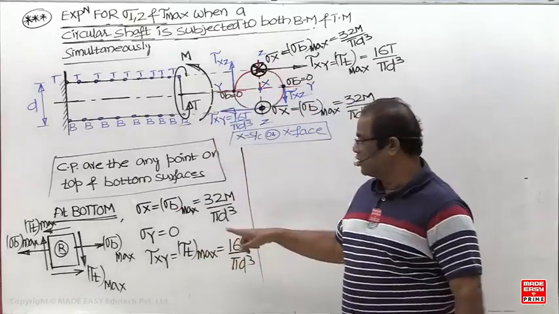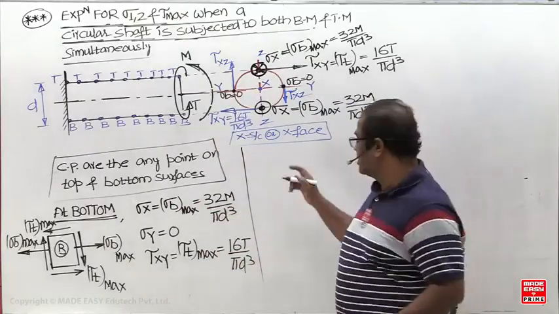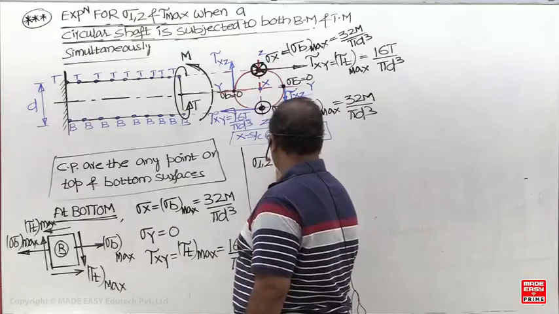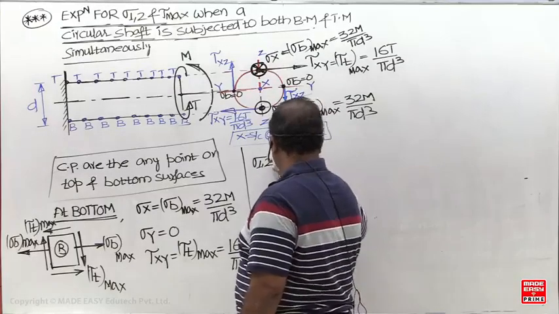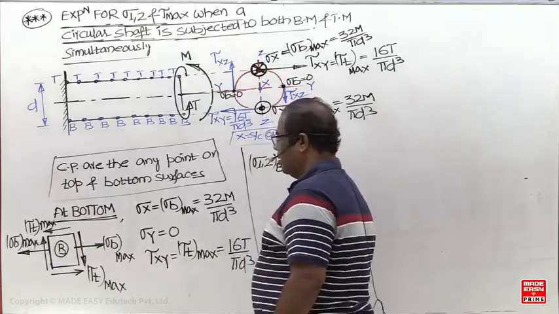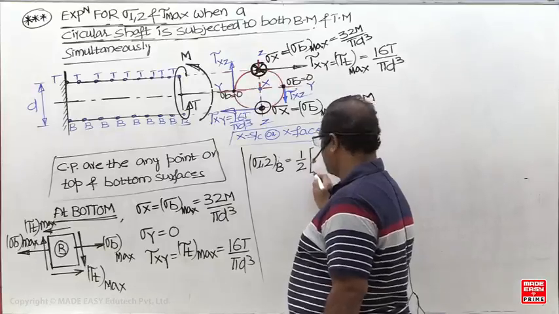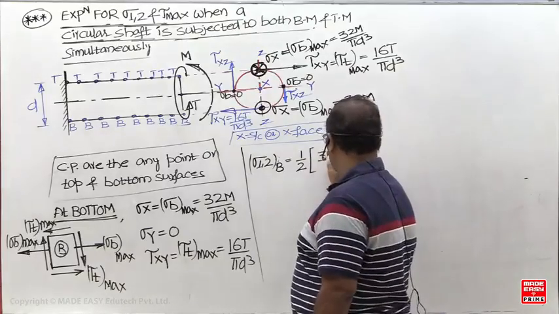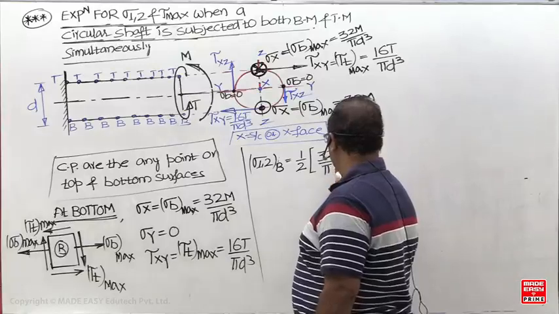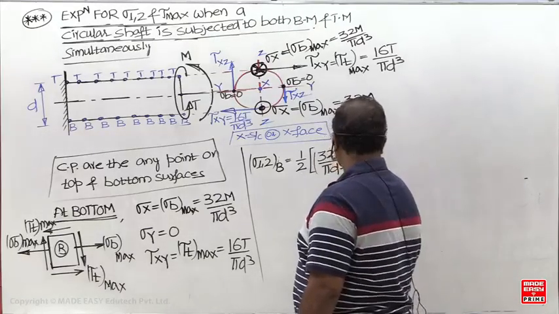Sir, I want to take the top. If you take the top, this is going to become minus, but the final equation is the same. Half of sigma x, which is 32 m by pi cube, with sigma y 0.